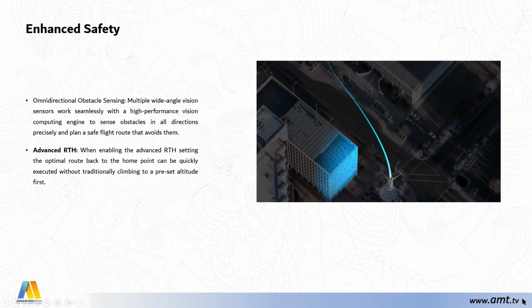But now with this advanced return to home, the drone is smart enough to understand the surrounding area, and it will not climb randomly. It will find its way through the buildings, as this video is showing. It can now maneuver between the buildings, for example.